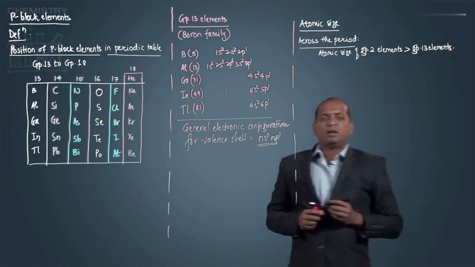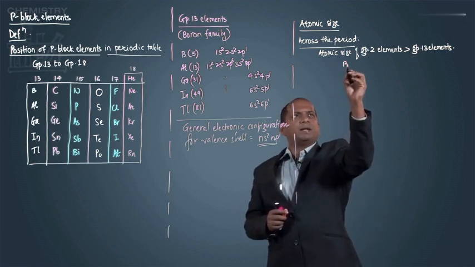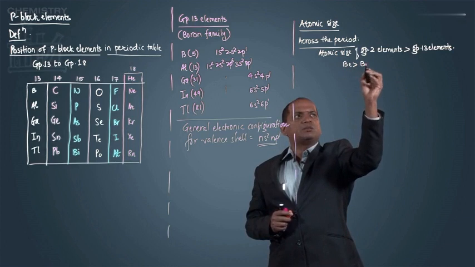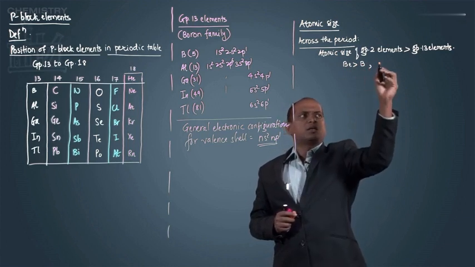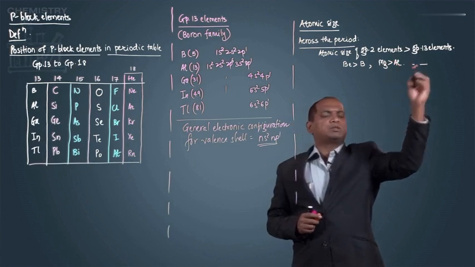Okay. So this means beryllium is larger than boron. Similarly, magnesium is larger than aluminium and so on.